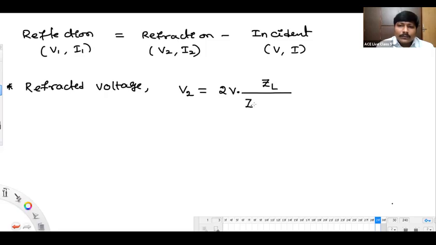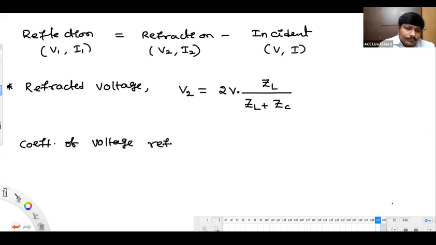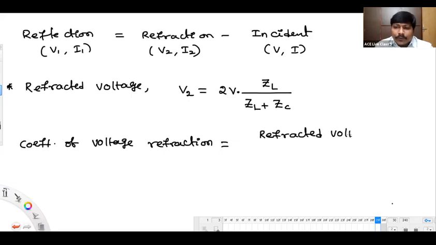Next, I am taking up one term here: coefficient of voltage refraction, which is V2 by V. It is the ratio between refracted voltage to incident voltage.